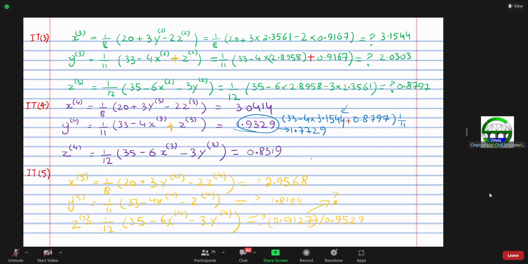Okay, so in here, I will calculate it. 2.03, it was correct. 33 minus 4 into 2.8958 bracket close plus 0.9167 and divided by 11. 2.0303.